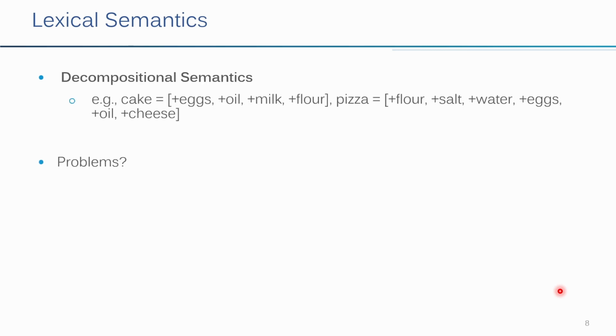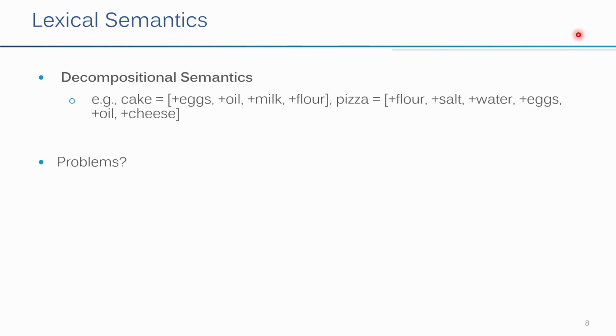So the first one, the compositional semantics, in which we break down a specific concept into smaller concepts, and we try to use this to illustrate a specific meaning. For example, we have the word cake, and we say, okay, what is a cake?